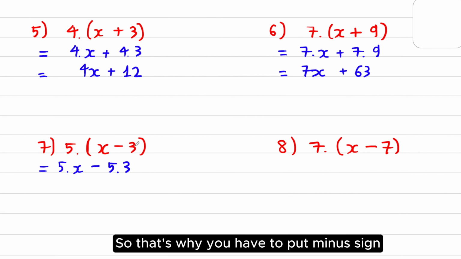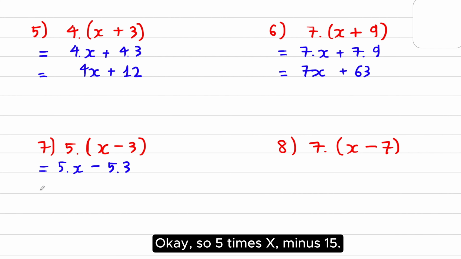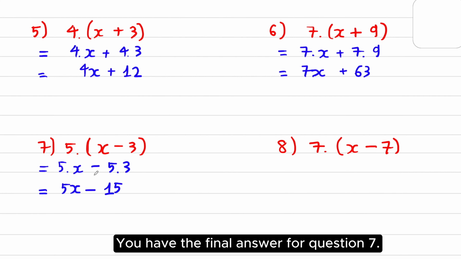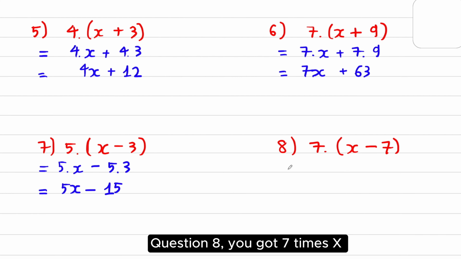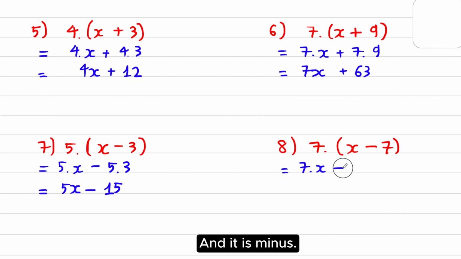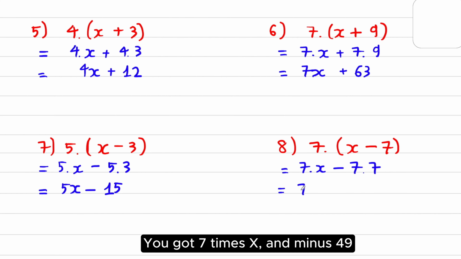So that's why you have to put a minus sign, or subtract or negative sign, in this position. Okay, so 5 times x minus 15. Yeah, you have the final answer for question 7. Question 8, you have 7 times x, and yes, it is minus 7 times 7. You get 7x and minus 49.